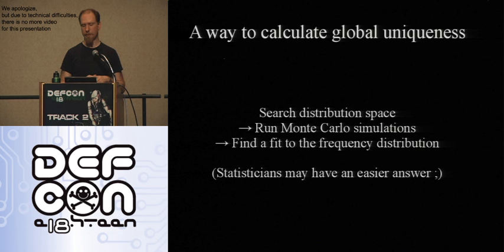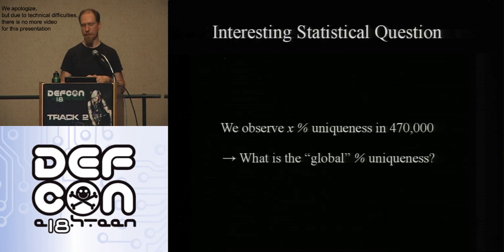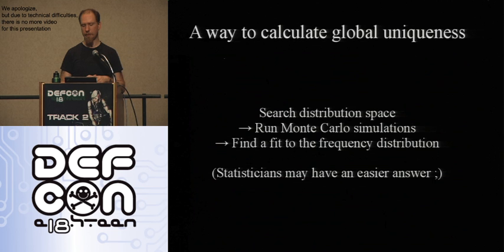You try a hypothesis probability distribution, you run it through a simulation, you see if it produces a graph that looks like that. But we didn't try to do this because, in a sense, our data set, which is just a measurement of privacy-conscious users, is not meaningfully representative of the 1 to 2 billion browsers in existence. So if someone else has a less biased data set, you could do this statistical question.